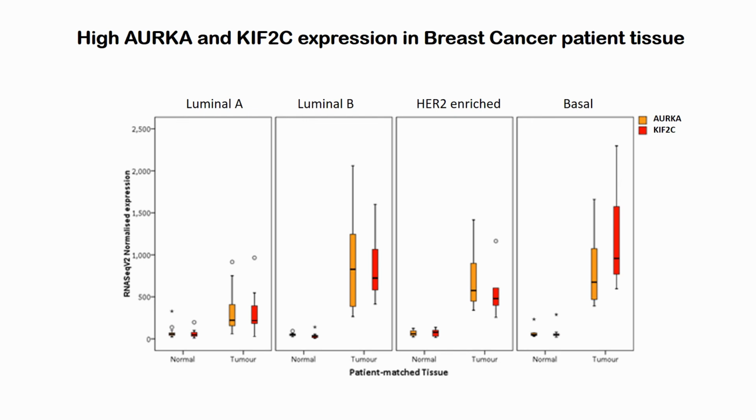More interesting is that you have a higher magnitude in luminal B, which is known to be the most aggressive and high in Ki-67 proliferation marker, and also in basal. So it is very interesting to see that we actually have markers that show us a difference between tumor and matched normal in the different subtypes.